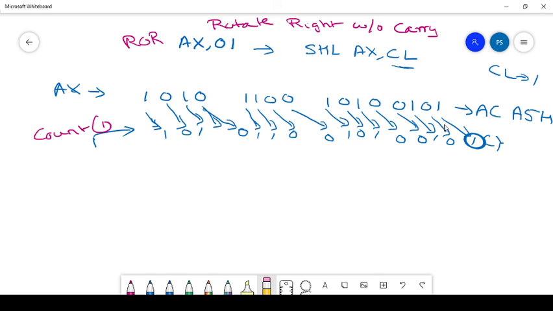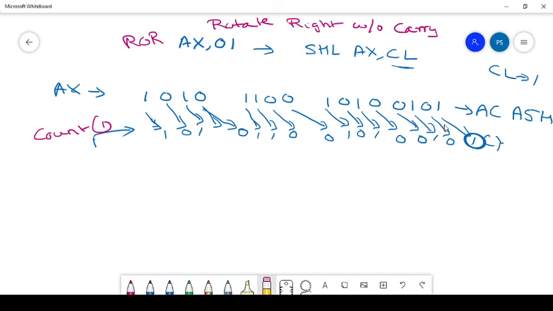So the LSB bit is moved to carry, the carry flag bit is moved to MSB. Therefore the answer becomes 0 1 0 1 0 0 1 1 0 1 1 0 0 0 1 0. That is 5 3 6 2H.